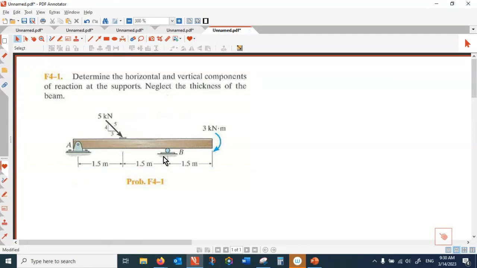All right. So here we want to make a free body diagram of the structure. So I want to release that structure and bring it into a free body diagram. How many releasing points are there? Two. I have to release it from A, I have to release it from B. And A, what type of support is it classified as? Pin.